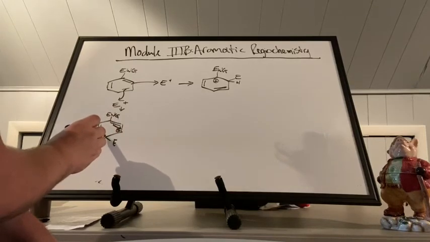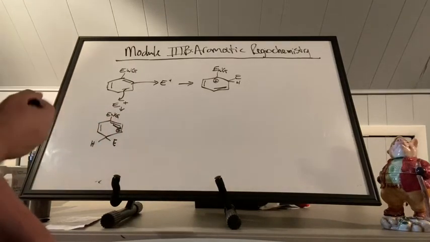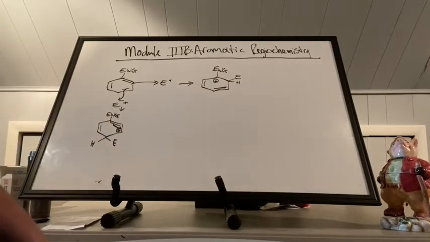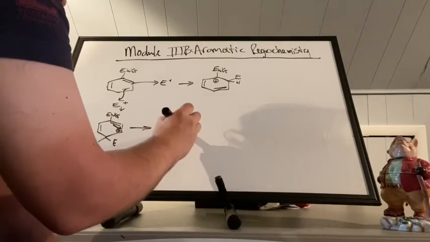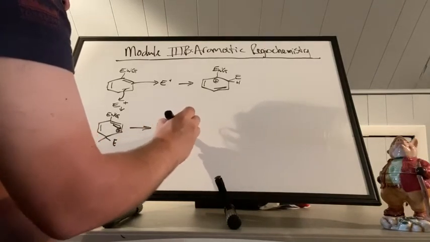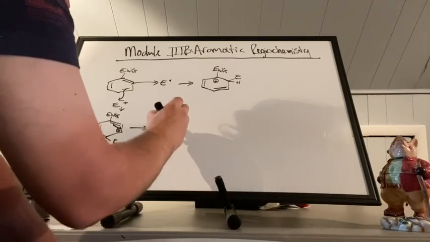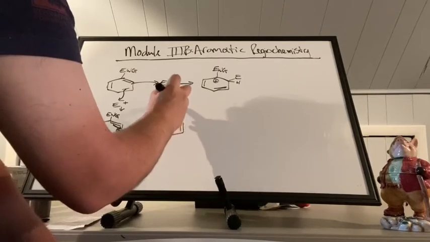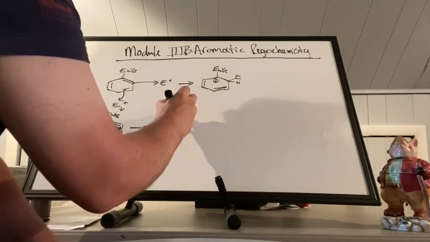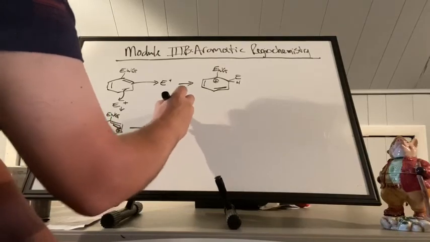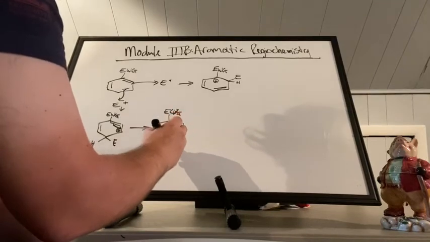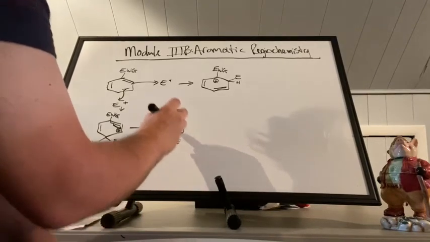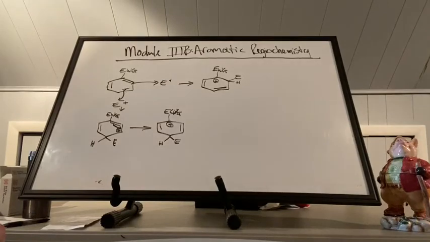So what's the roadblock is what's right here. In other words, this sigma complex, that sp3 intermediate carbon. Once again, that positive charge is right there where the EWG is, the electron withdrawing group. So that's not going to fly either.